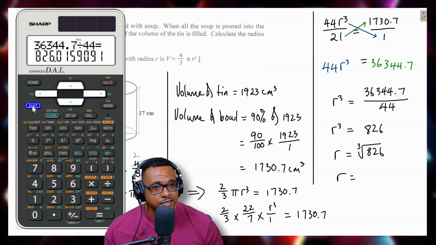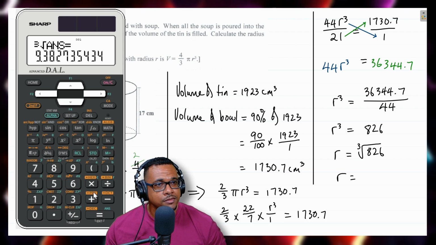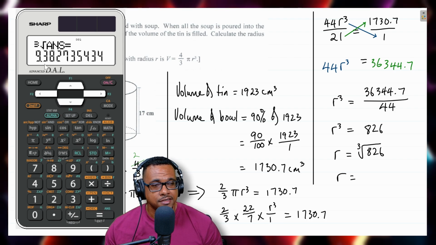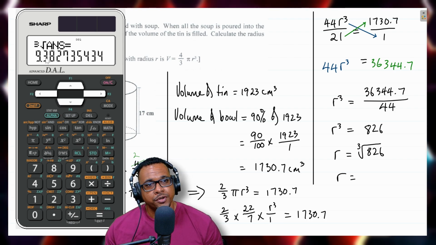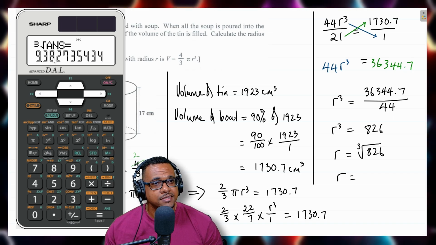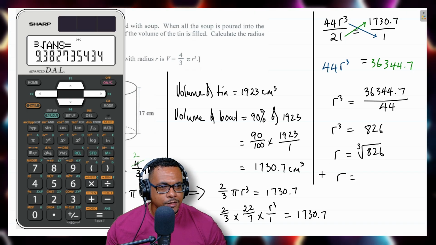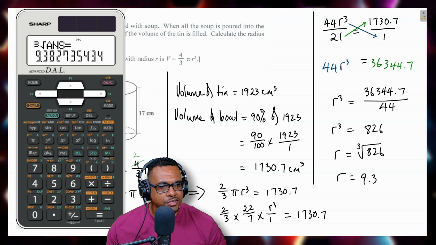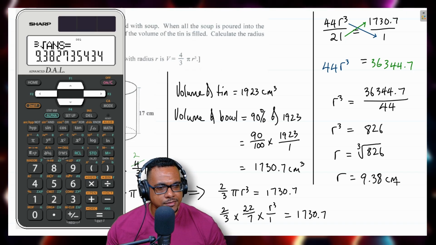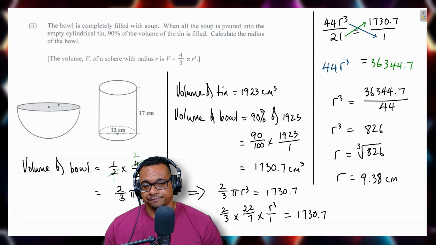So I'll press second function and the x cube button, that's cube root, and press equal. So you see, find the cube root of the answer, and I got 9.38 and so on. So to three significant figures, we stop at the 8. After is a 2, so 9.38 centimeters. And that will be the radius of the bowl.